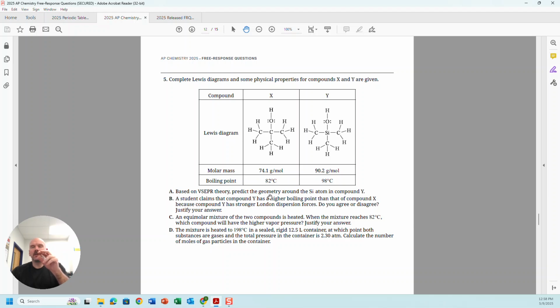If you have one lone pair and 3 bonds, the shape is trigonal pyramidal, but the geometry could be called tetrahedral anytime you have 4 domains. So the geometry for 4 domains around your central atom is always tetrahedral. And the shape would be tetrahedral if they're all bonding domains. And so the shape and the geometry are the same for the silicon. So the answer is tetrahedral. You got 4 domains, 4 bonding domains, that's tetrahedral, okay?